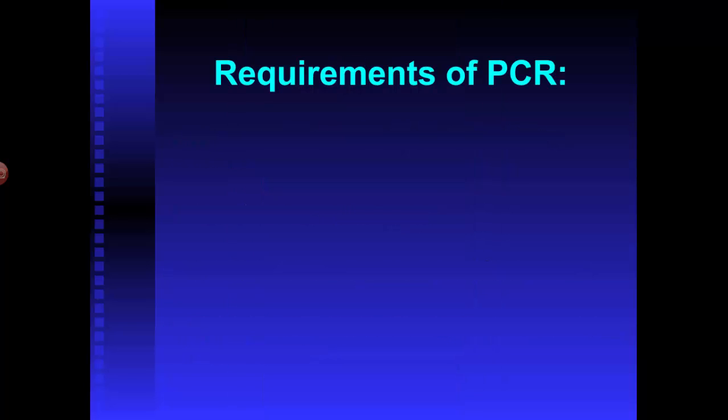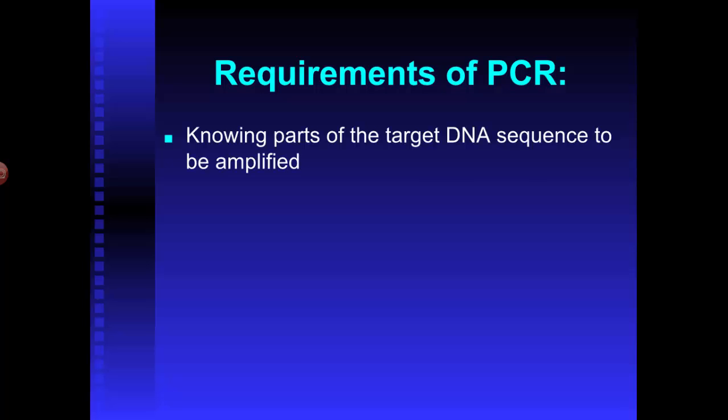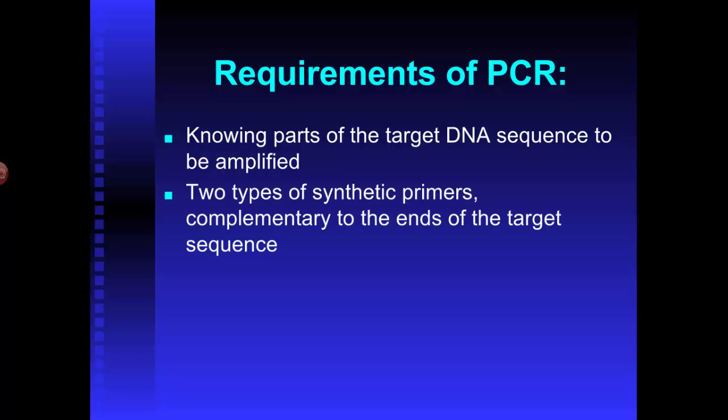So if you want to do PCR, here's what you need. You have to know the parts of the target DNA sequence that you want to copy, that you want to amplify. And the reason you have to know what parts of the DNA sequence you want to amplify is because you're going to need some synthetic primers. Remember that DNA replication requires primers in order to replicate the DNA. Well, we're going to make primers in a lab, synthetic primers.